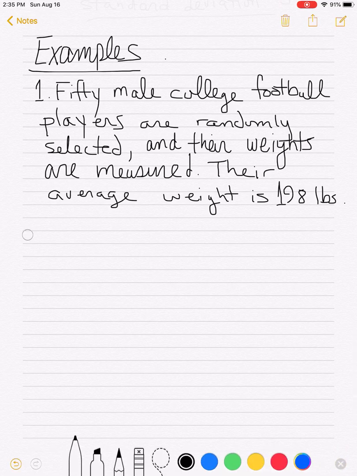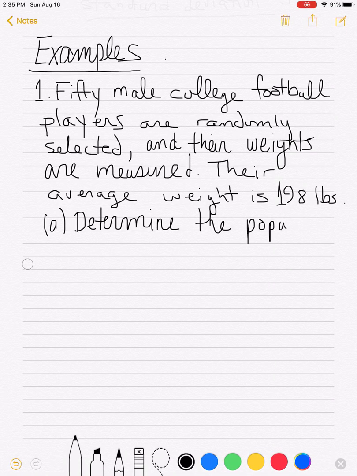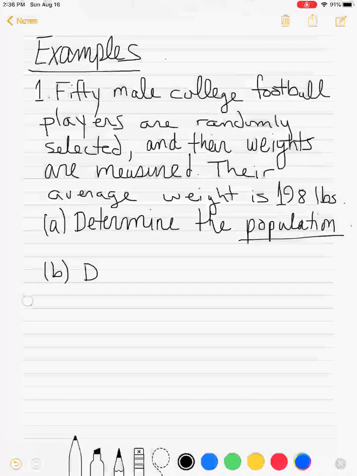Part A. Tell me, what is the population? Determine the population. Part B, let's figure out what the sample is.